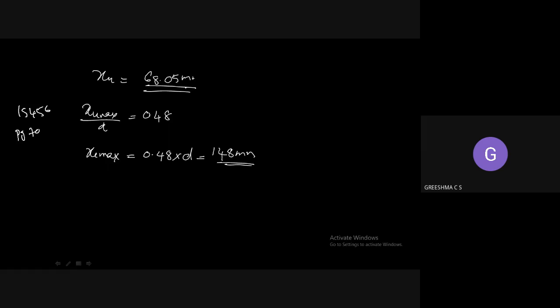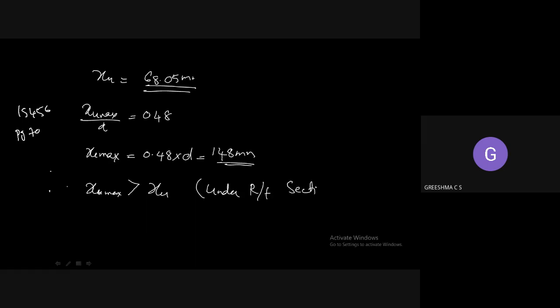Here there is a test. We got the XU value and the XU max value. Please note that if XU max is greater than XU, this is an under reinforced section.